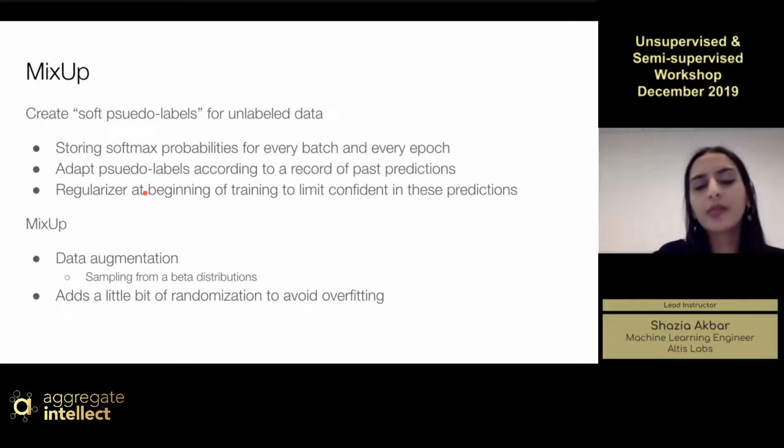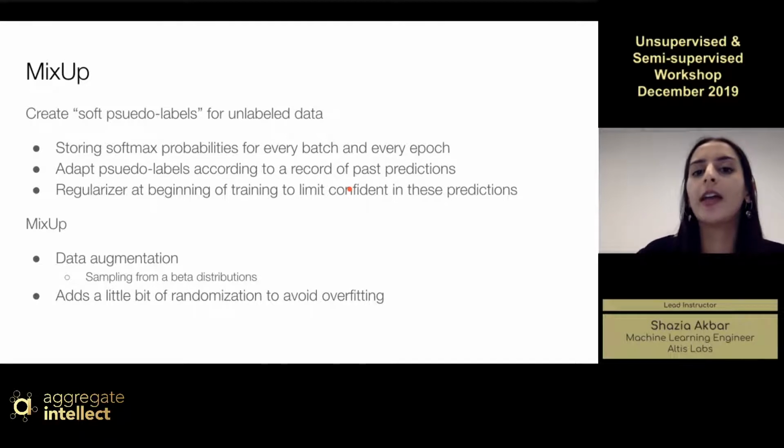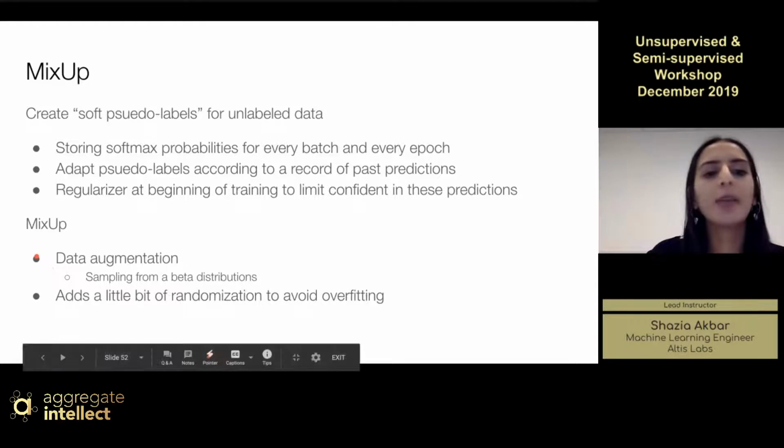They also had a regularizer, so that at the start of training, when the model had not seen a lot of data, we would limit the confidence of those pseudo labels. But as the model saw more and more data, the confidence grew and grew. I thought that was a really interesting take on a traditional pseudo-labeling approach.